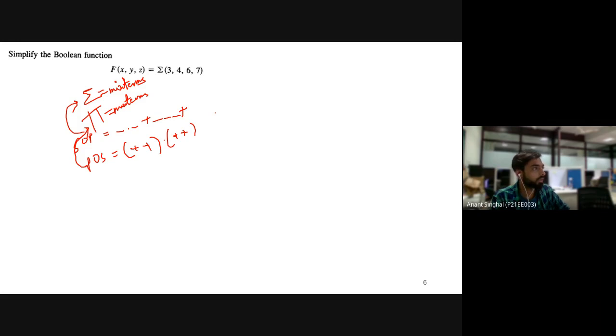Yeah. So those who have the idea of K-map, please try to solve this question and type the simplified expression. Okay, we have got an answer which is xy plus yz plus xz bar. Okay, so we'll see if it is correct or not.